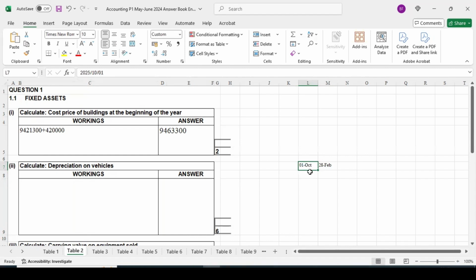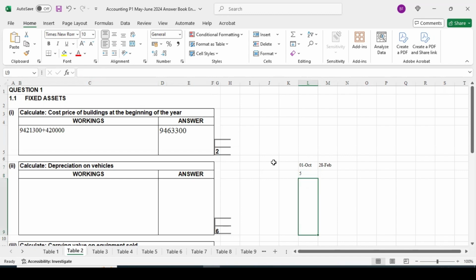Since it was bought on 1 October 2023, we're going to count from 1 October up until February. So it's October, November, December, January, February. So it's 5 months. The new vehicle was bought on 1 October and we had it in the business for 5 months.